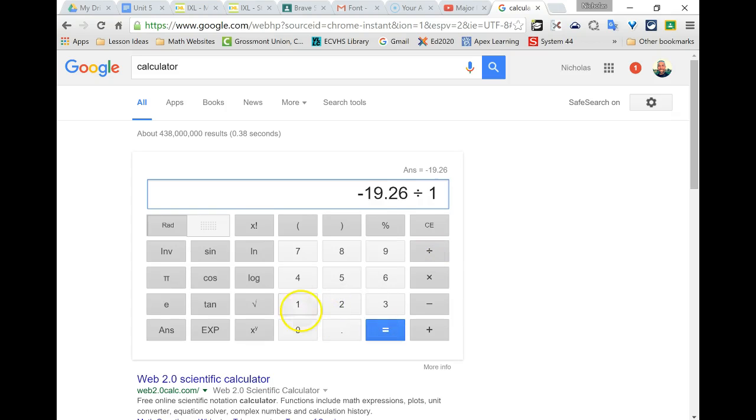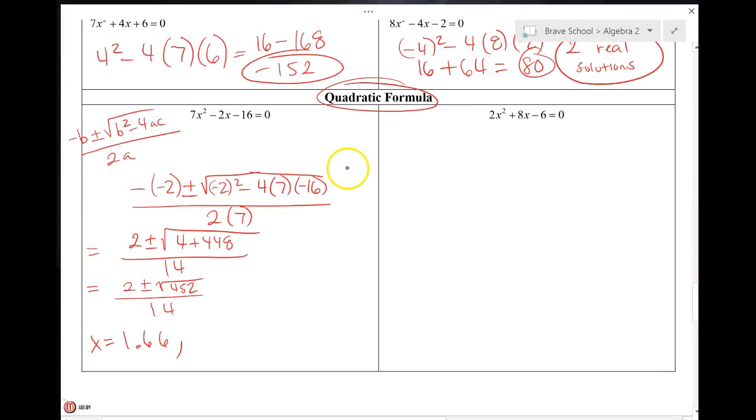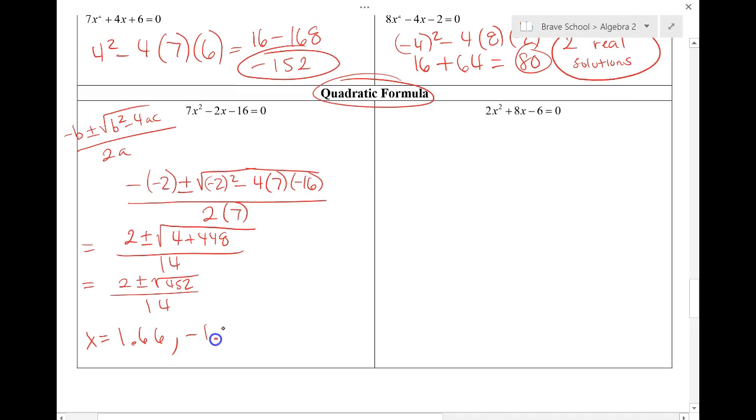That divided by 14 is, let me double check, negative 1.38. So remember, we've got to round to the nearest hundredth, so negative 1.38. And there's our two solutions.